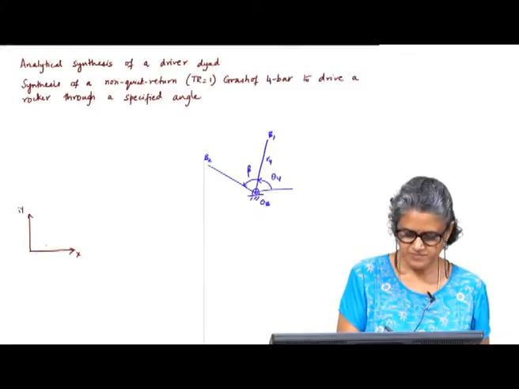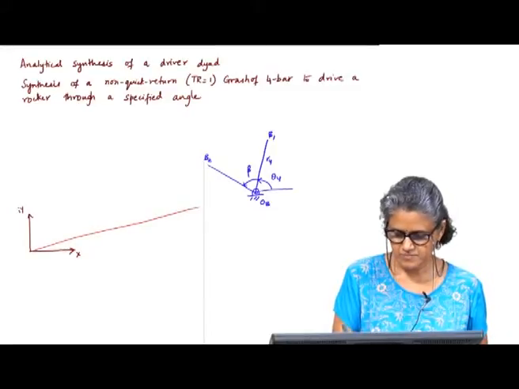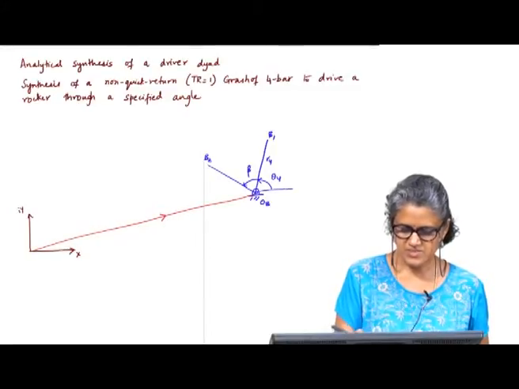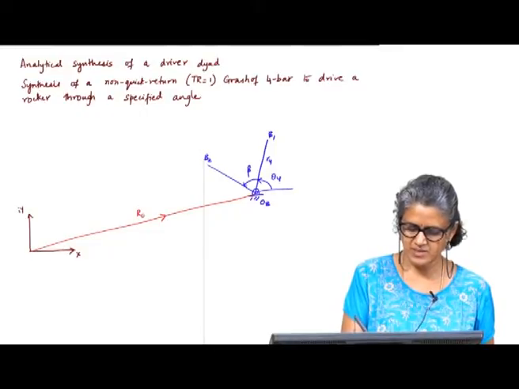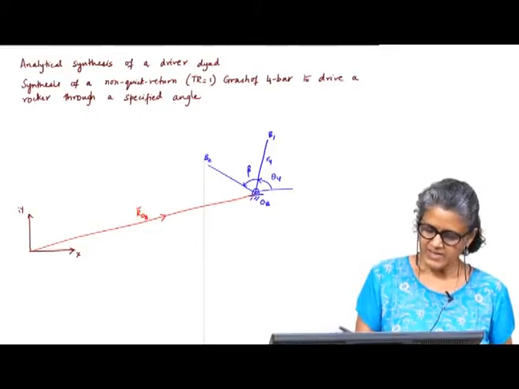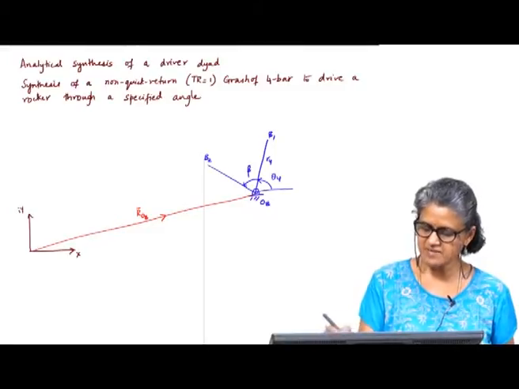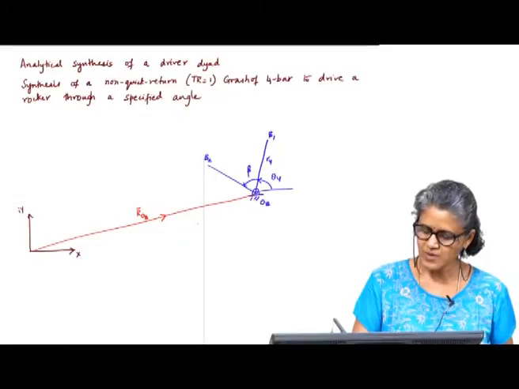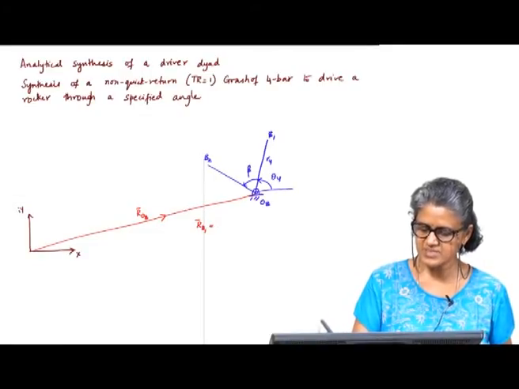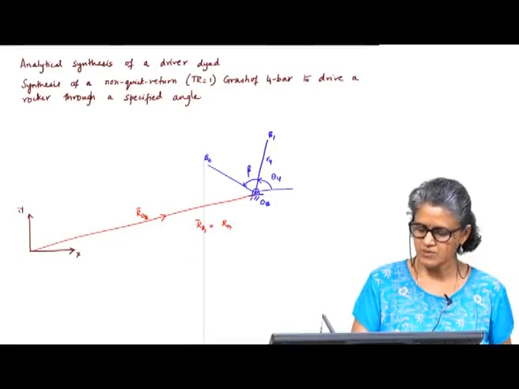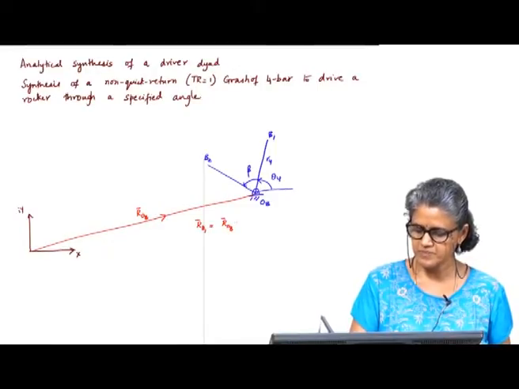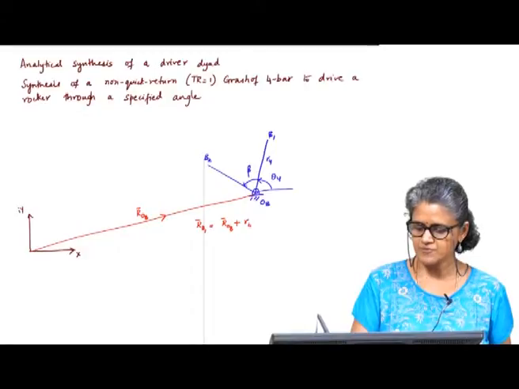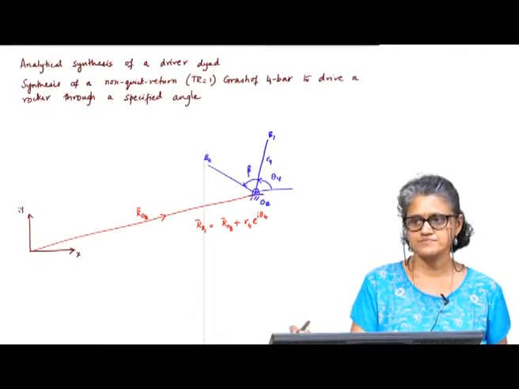So, here this is the vector R O B. This is given, I know the location of O B in the plane. So, I can find R B1 is R O B plus R4 e power I theta 4.